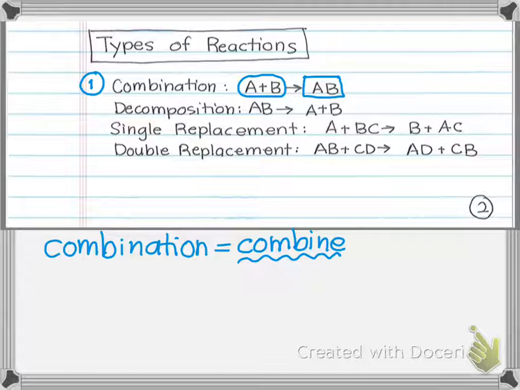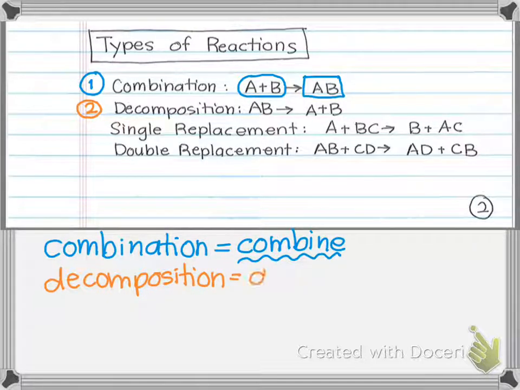The second type of reaction that we have on this page is the decomposition. So when I think of decomposition, I think of the word decompose. And if something decomposes, it breaks down. And so when I look at this reaction, it's really the opposite of what's happening in combination, where they're coming together.